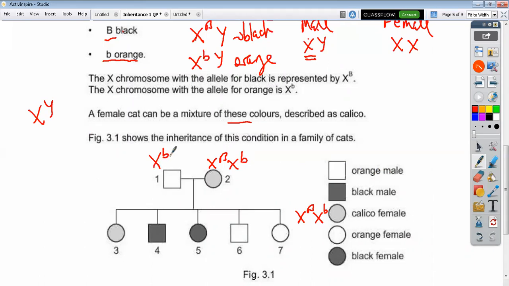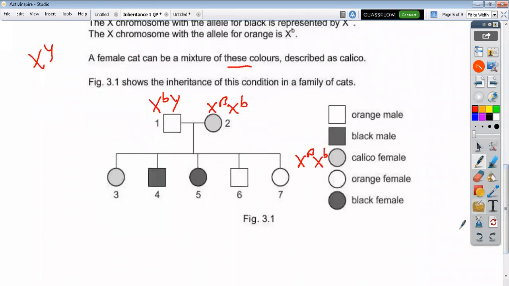So this is a small letter b and the Y. Is that making sense, everyone? On the pedigree, this is actually a very easy pedigree diagram compared to the other one that we were looking at. I'll also send you some videos on questions to do with this. Are we together there?